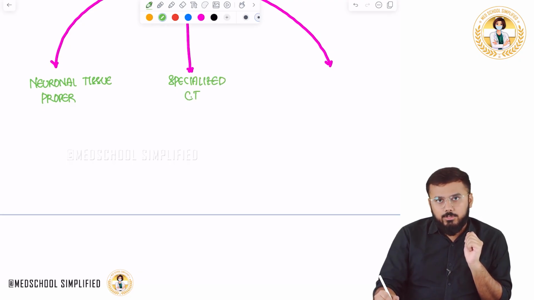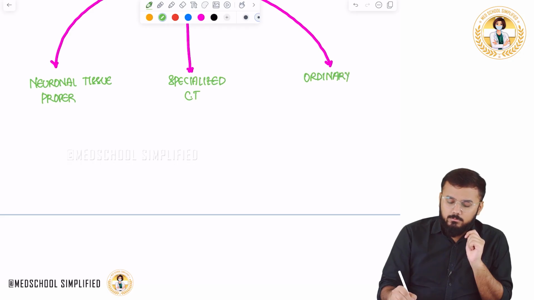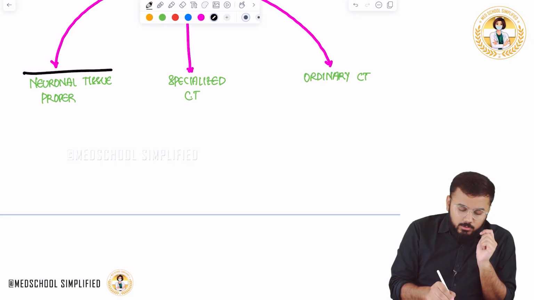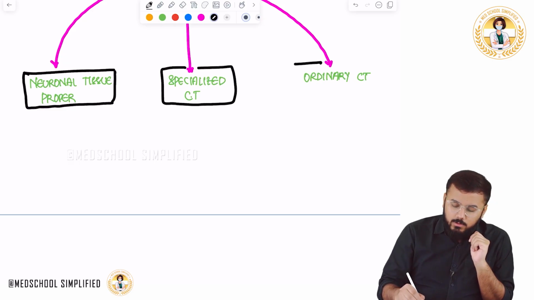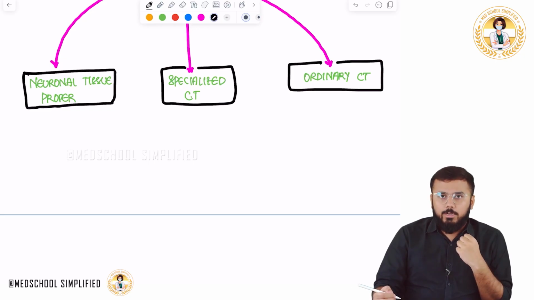CT in the sense connective tissue. And the third important thing is called ordinary connective tissue. So the three important things are: the neuronal tissue proper, the specialized connective tissue, and the ordinary connective tissue.